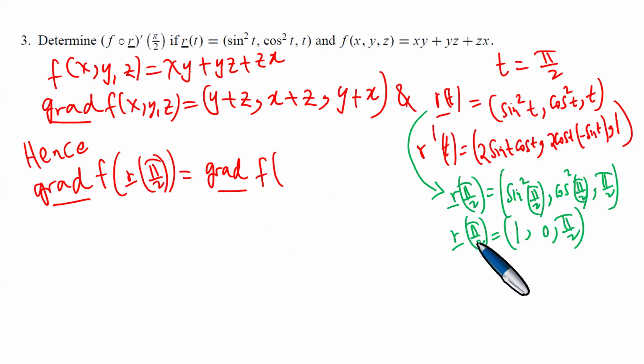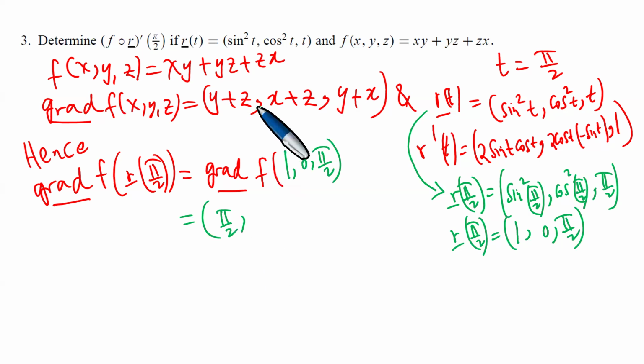It's the same as 1, 0, pi over 2. Then we have f of the 3 components, x, y, and z. So x is 1, y is 0, and z is pi over 2, and therefore now we add y plus z, which is pi over 2. x is 1, z is pi over 2, y is 0, and x is a 1.